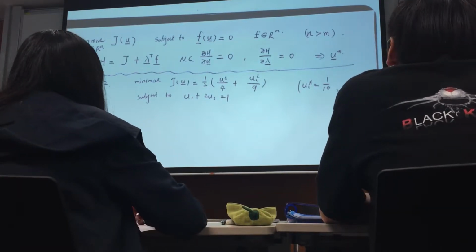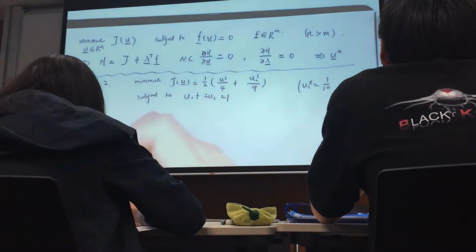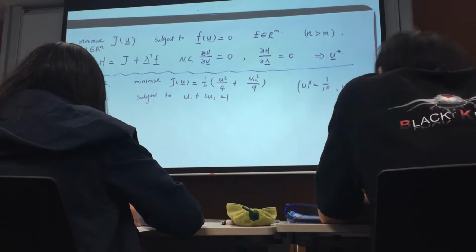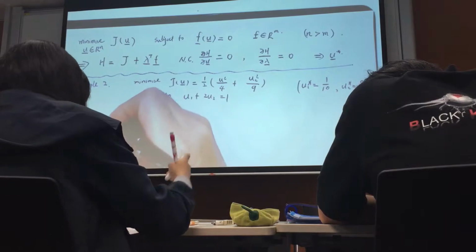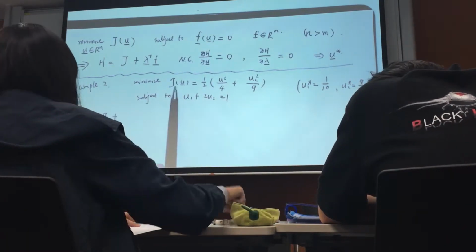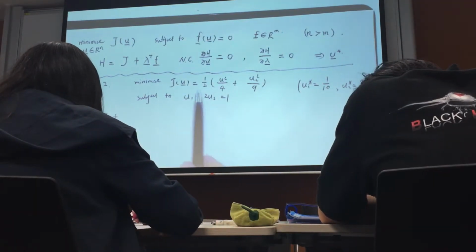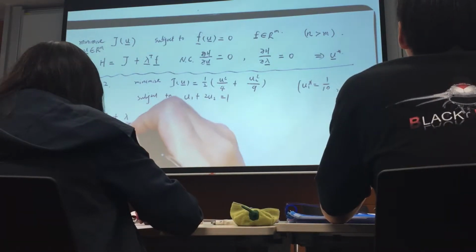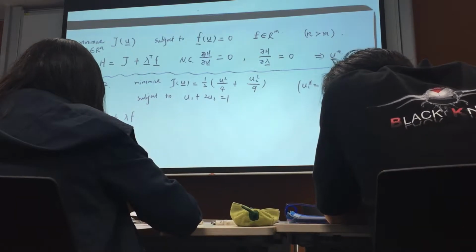To solve the problem, it's quite straightforward. So we construct the H. The H is given by this J plus, we already know the J is just a scalar function. And we only have one constraint, so we only require one Lagrange multiplier, a scalar, multiplied by f.